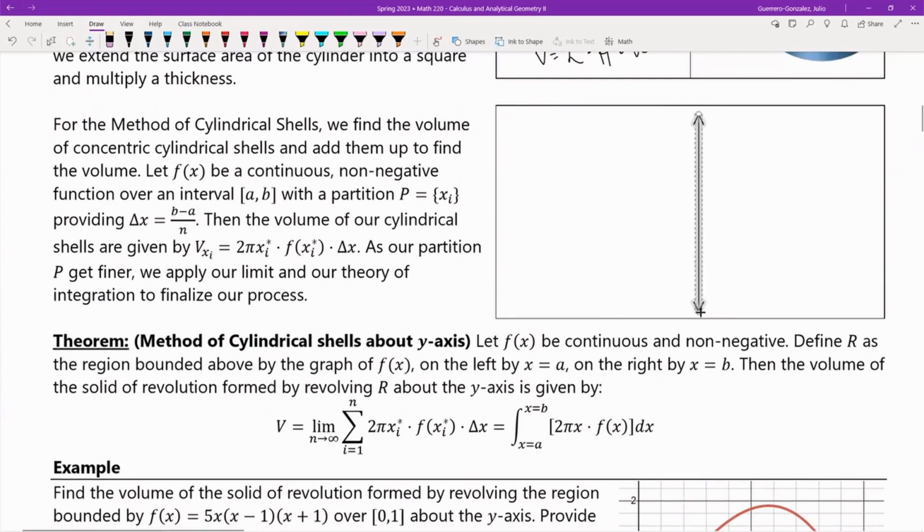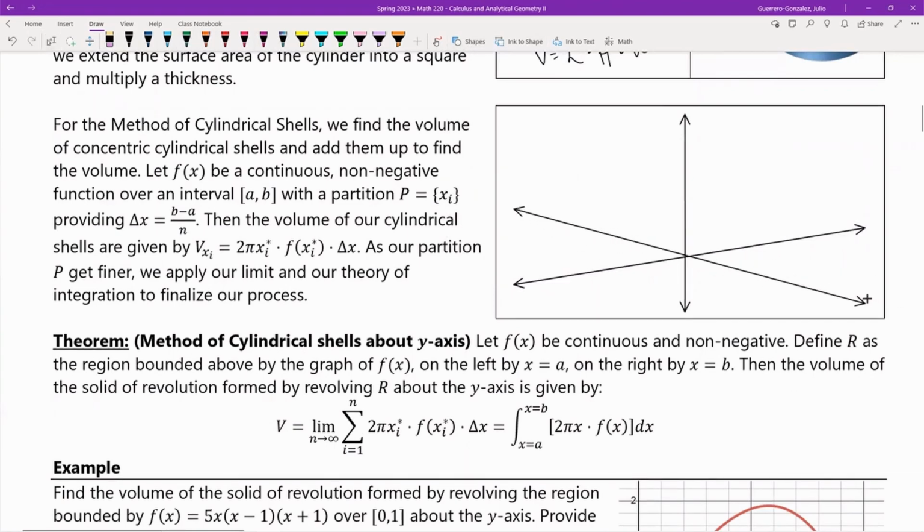I think I've mentioned this multiple times now: one of the things that you learn to do in Calc 2 is how to draw, and how to draw really well. I'm on my desktop computer, so my lines may not be exactly perfect. I'm trying.